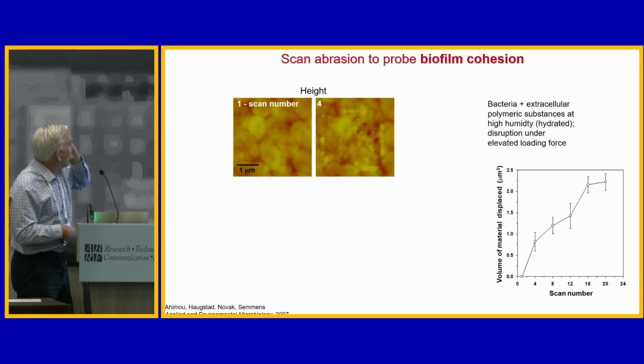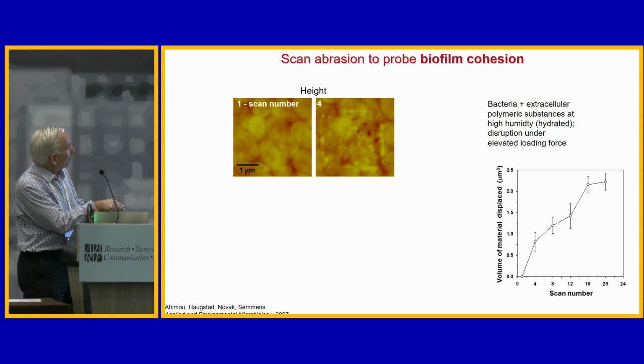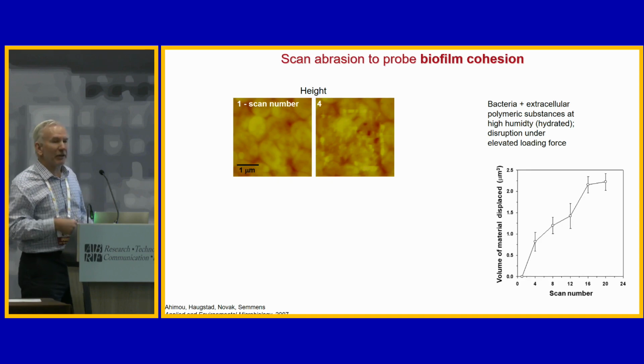And then lastly, in contact mode, you can choose to go to a higher force. You can push harder, raster a smaller region, and sort of dredge it up, scrape it up. Here we're trying to measure the cohesive strength of extracellular polymeric substances in a bacterial biofilm. This is for wastewater treatment applications, but it could be any other kind of biofilm as well. You can see the actual bacterial cells, and what we discovered is that the high force tears the EPS.